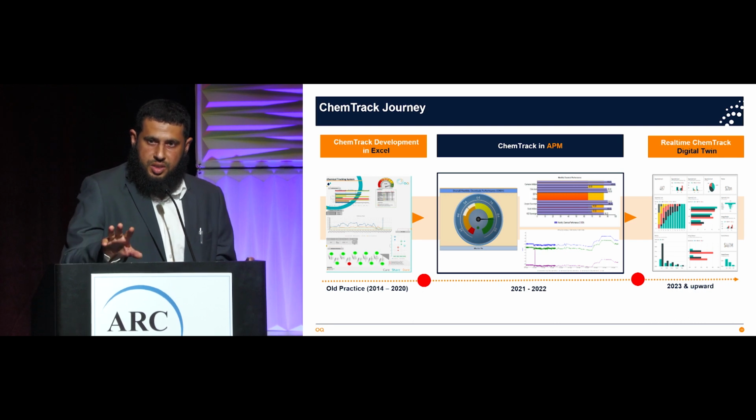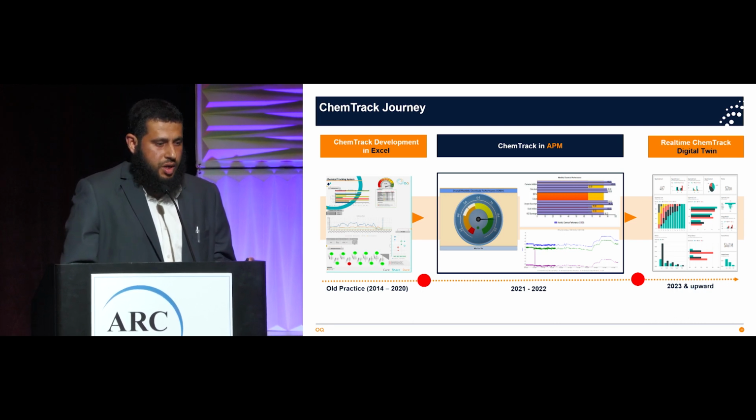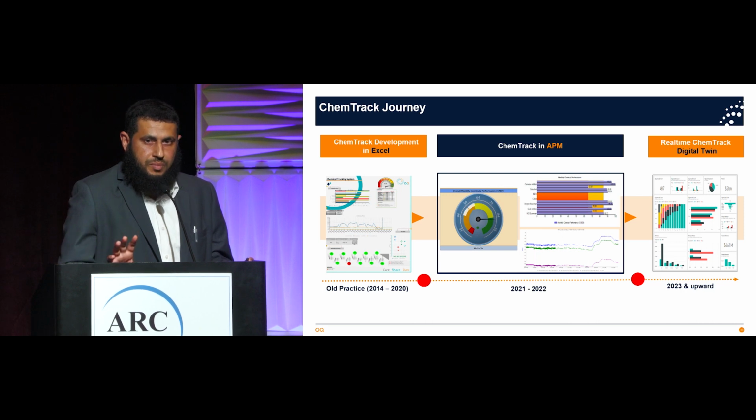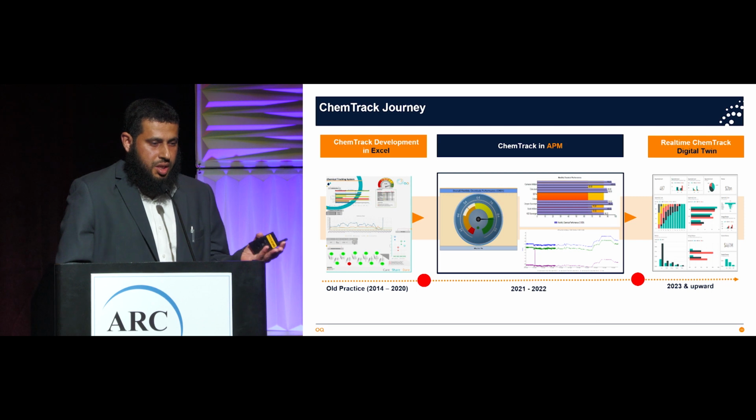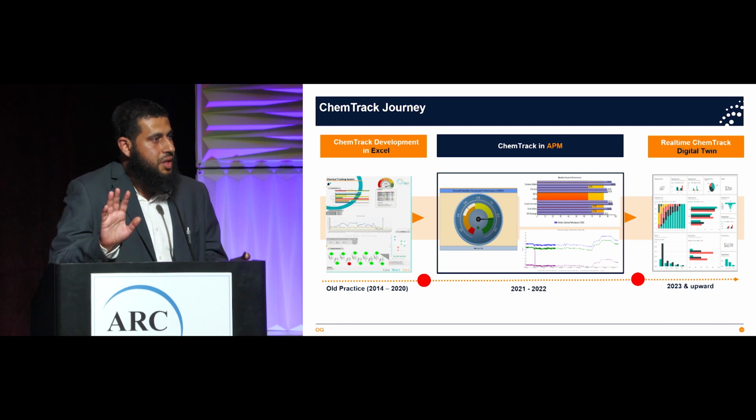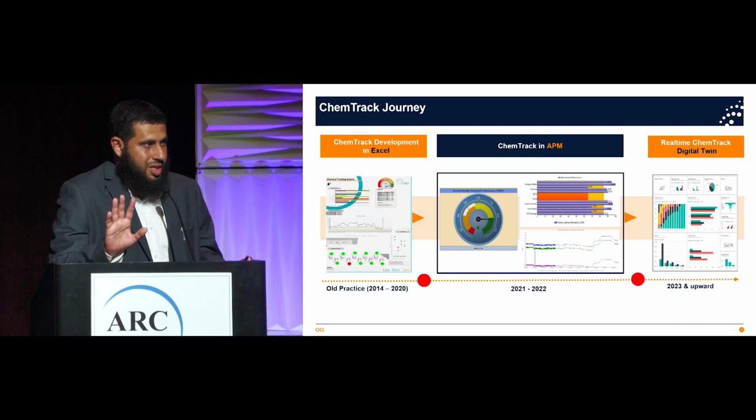So we investigated the tools and found one software, ABM, that can mimic whatever we need for the ChemTrack. We deployed all the features initially developed in Excel in ABM, in 2021 and 2022. And from this year to 2023, we are heading to the web, so all the graphs and dashboards are web-based. So on your desk you can understand what is going right and everything related to production chemistry.